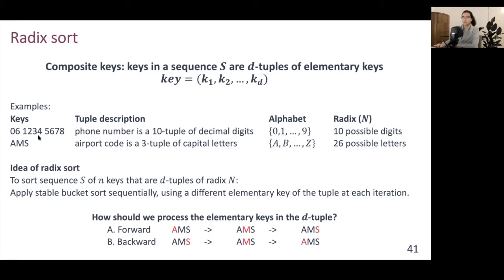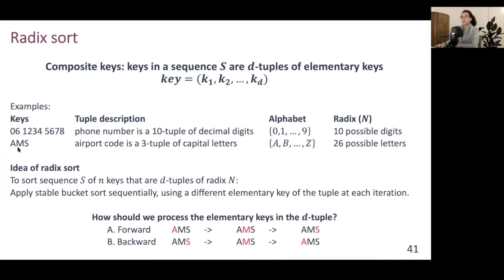For example, Dutch mobile phone numbers are 10-tuples of decimal digits because they are composed of 10 digits, where each of the 10 digits is in the range between 0 and 9. So the radix for this example is 10 possible digits per elementary key. Another example is airport codes.